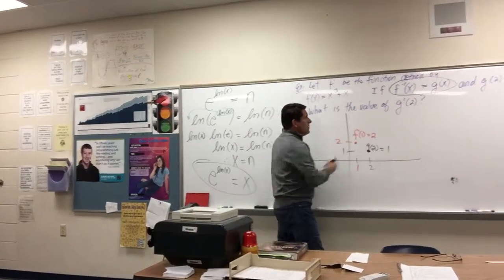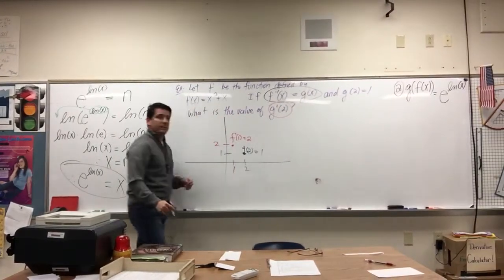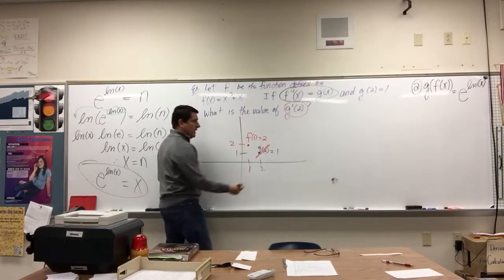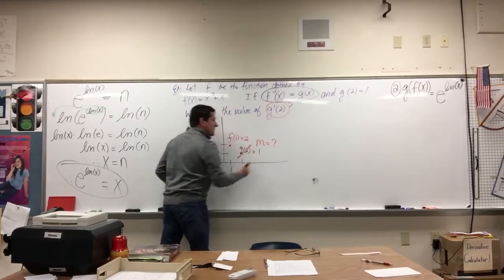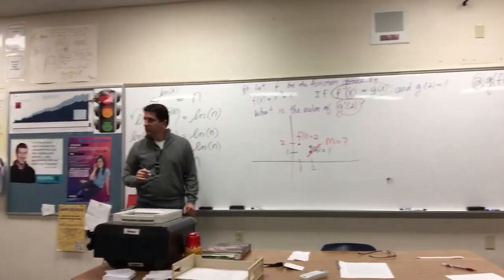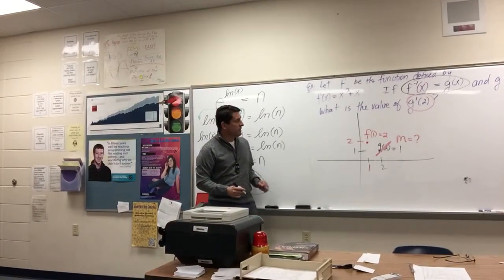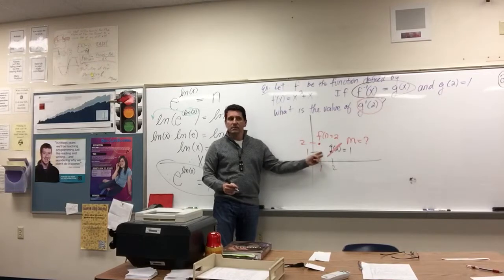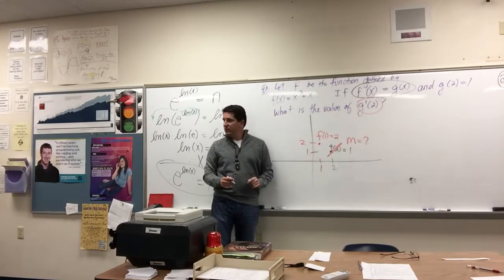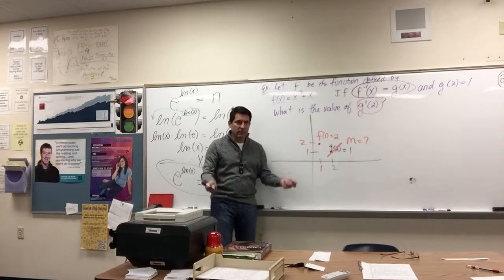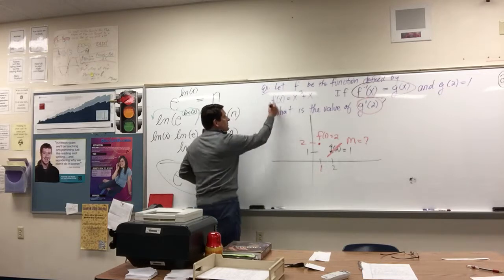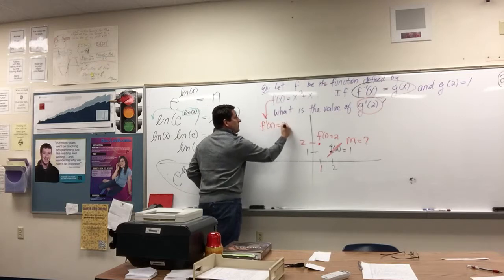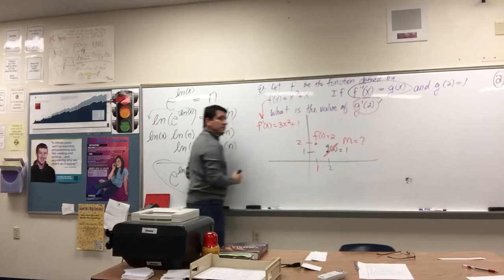Now, the question asked, what's g prime of 2? I don't know what the slope is here, okay? But that's the question. So all I need to do is find out what f prime of 1 is, and then take the reciprocal. So let's find f prime of 1. Here's f of x, so f prime of x is equal to 3x squared plus 1.